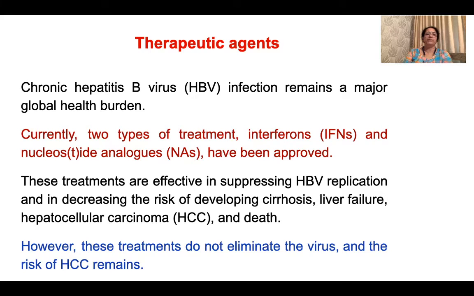These treatments are effective in suppressing HBV replication and in decreasing the risk of developing cirrhosis, liver failure, hepatocellular carcinoma as well as death. However, these treatments do not eliminate the virus and the risk of hepatocellular cancer remains.